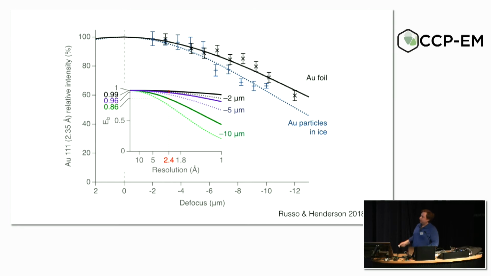And then we managed to do the measurement and realized that it actually isn't a big problem. So even at 10 microns of defocus, you only lose maybe 10 or 15% of the power in the image, right? So even all the way at 10 microns of defocus, you can see the 2 angstrom lattice, no problem, right? And so what this means is that this phenomenon, while always present, is actually very small. And we don't need to worry about it too much as long as you set the imaging conditions correctly.